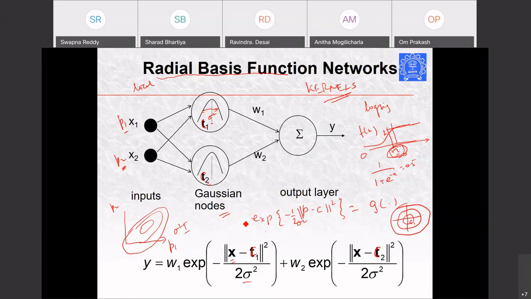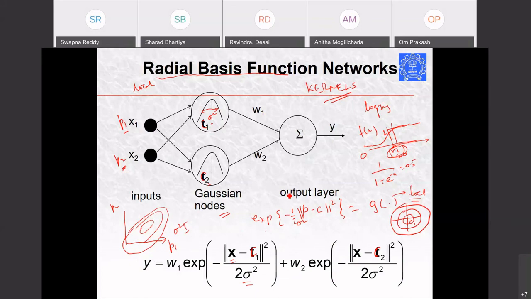And so it's a local unit. The Gaussian unit is a local unit. Only for inputs that are close to the center will it fire. For inputs that are far away from the center, it will not fire. Now, how does this simplify things?